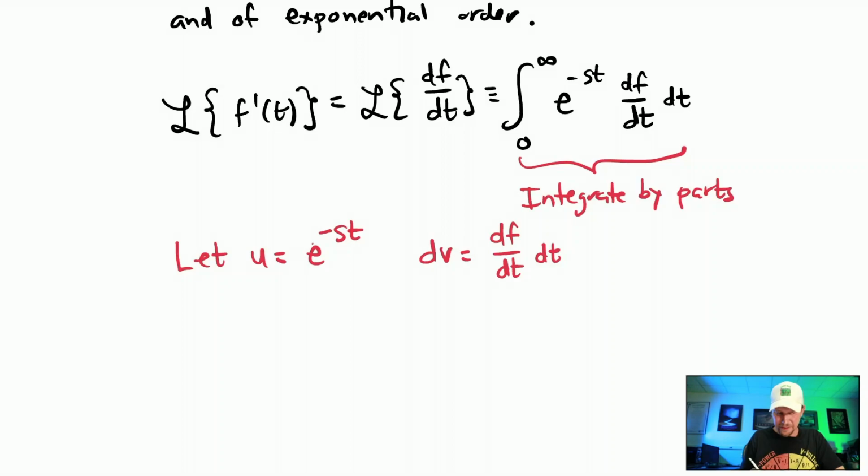Well, if that's the case, then du is going to be minus 1 over s times e to the minus st, and v is going to be f of t alone like this.